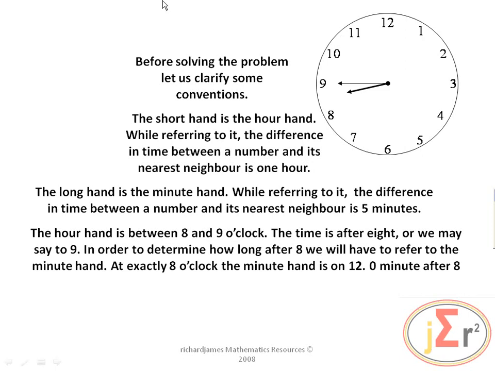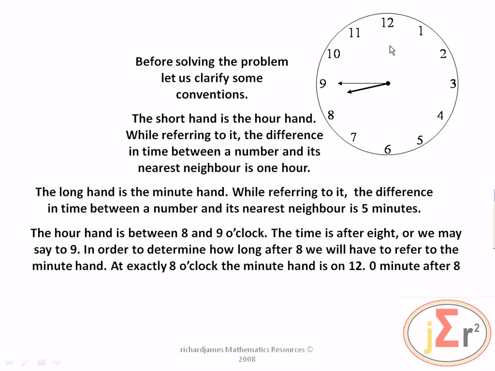So, if it is exactly 8 o'clock, the hour hand will be pointing exactly on 8, and the minute hand will be pointing on 12. And at 12, we have what? 0 minute. We may also take a look at it, depending on the perspective, that 12 also means 60 minutes.